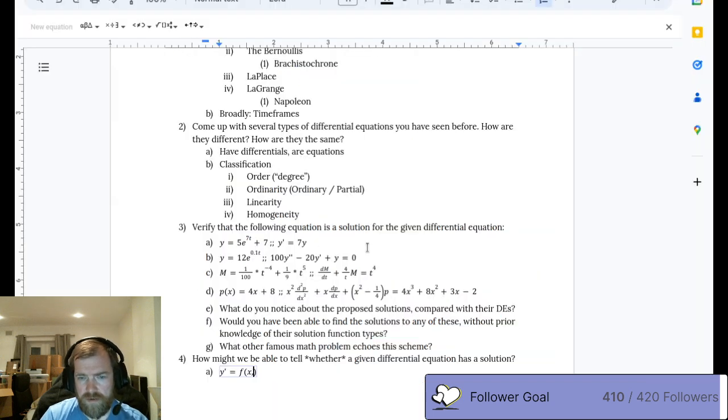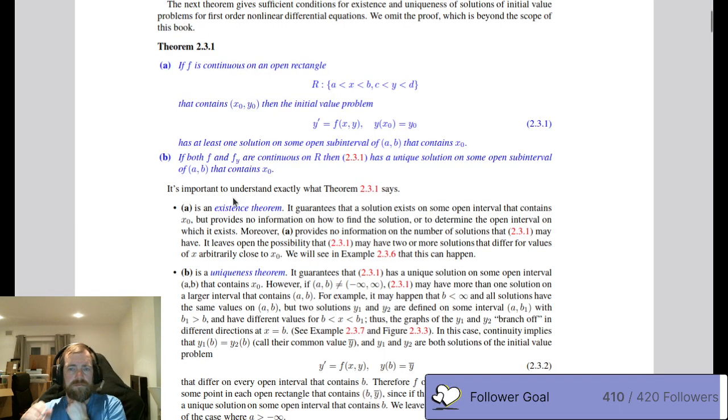All right. We omit the proof, which is beyond the scope of this book. Oh, that's nice.